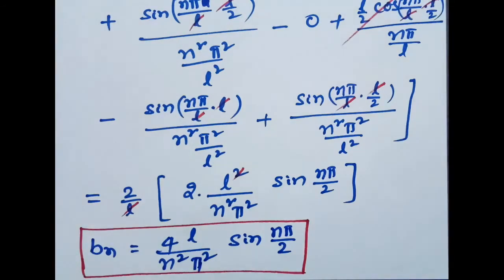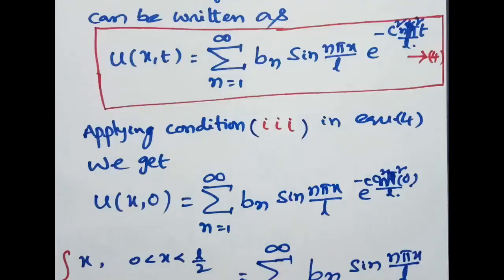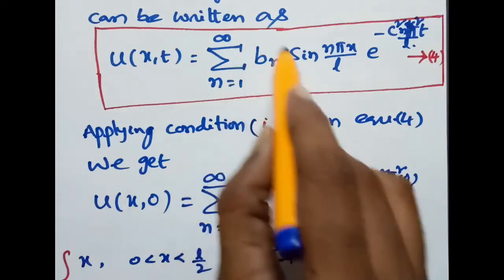Now substituting Bn in the most general solution, equation number 4. So substitute the value of Bn here.